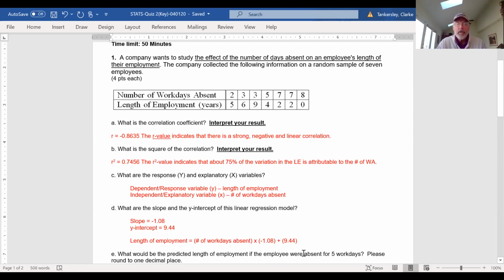Put that together in terms of a linear regression equation, and we would have the length of employment is equal to the number of work days absent times the slope, and then we add on the y-intercept.